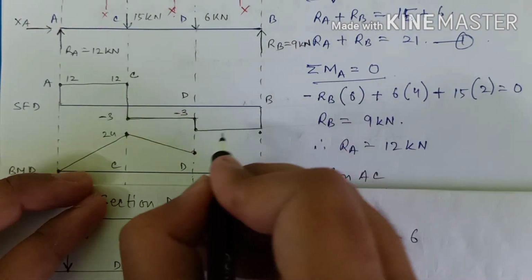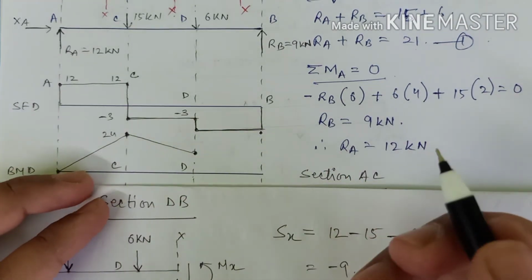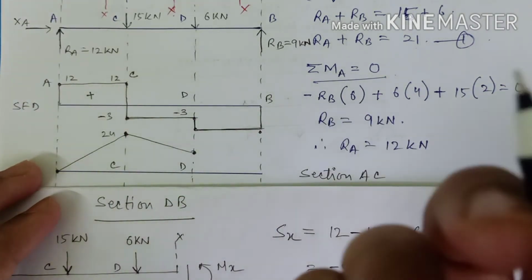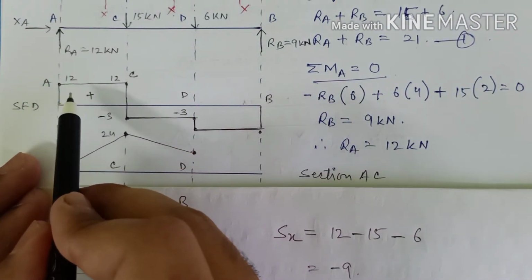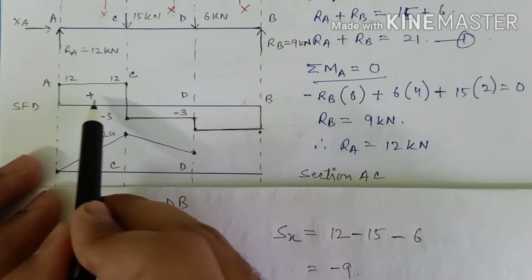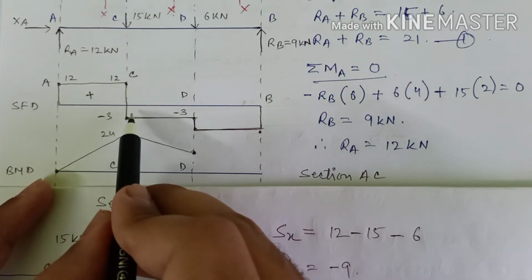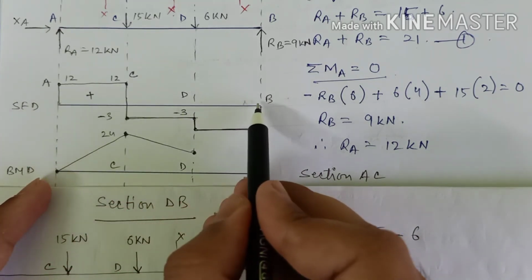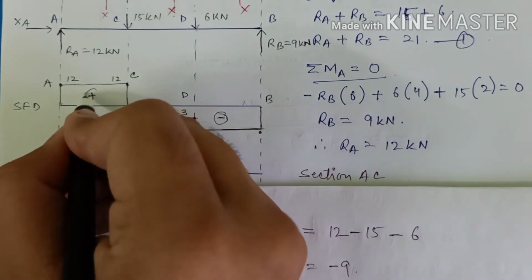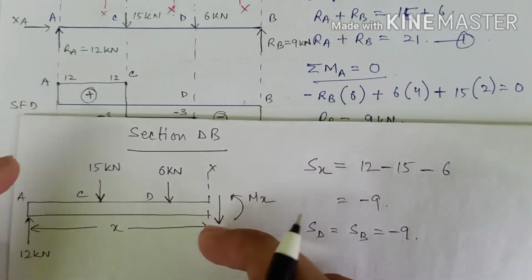Okay, so the upper one is positive basically. So now we can say that in our section AC we have a positive shear force, and in the section C to B we have a negative shear force, right? So calculation of shear force is done for section DB.